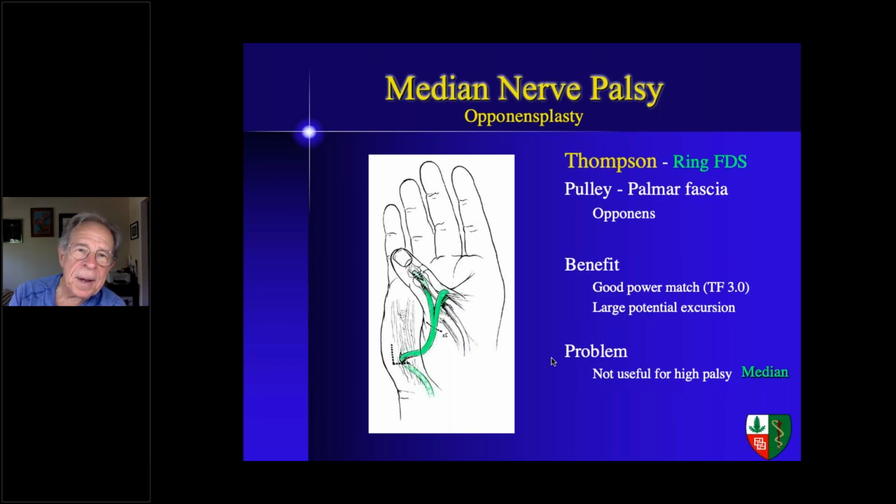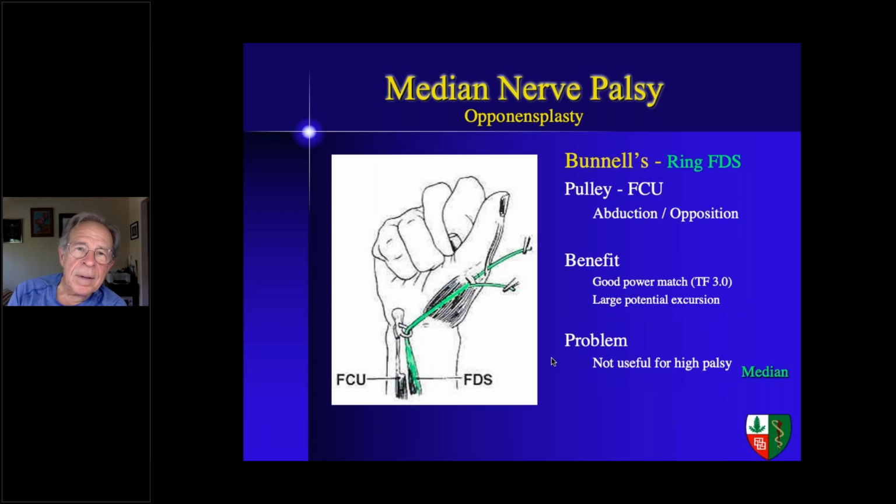And you can see the transfer in this case uses 2 attachment points, one into the opponent's muscle and one into the extensor pollicis longus. The transfer I've preferred and have had the greatest experience with was described by Bunnell and others, and that uses the ring FDS.